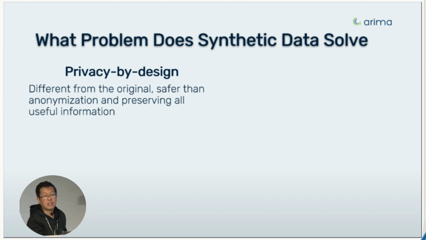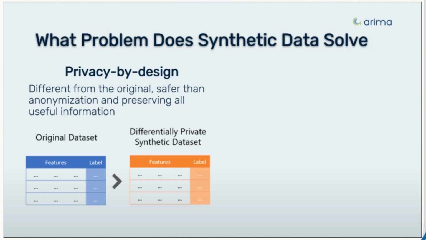So that's a nice property of synthetic data, because synthetic data only preserves the statistical properties, but your data is nonetheless different from your original. So you will not see two records that are identical, and hence you won't be able to trace back to anybody, but all the nice statistical properties are preserved.